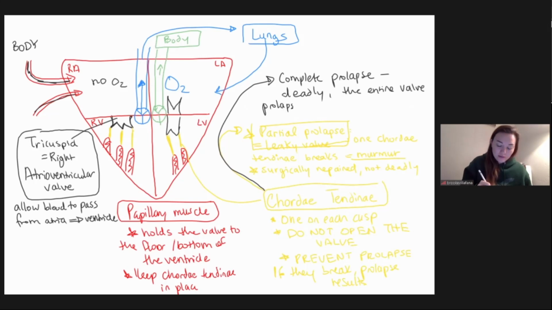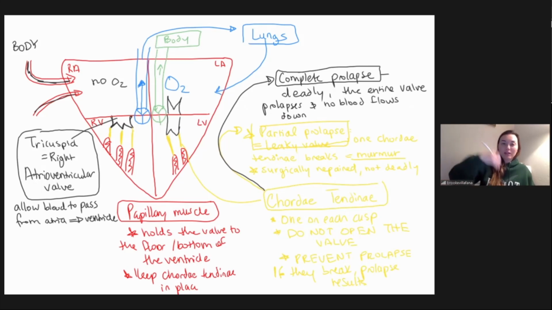prolapses and no blood flows down. So if no blood flows to my ventricle, no blood flows out to the body, no blood flows out to the lungs. If I don't have any blood to my body and I don't have any blood to my lungs, doesn't it make a lot of sense that that would be deadly? Are you tracking?